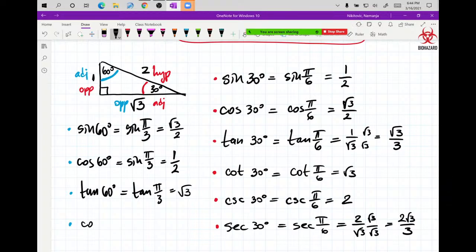And then we have the cotangent of 60 degrees, which is pi over 3. What is the cotangent? Always go back to cotangent is a flip of tangent.